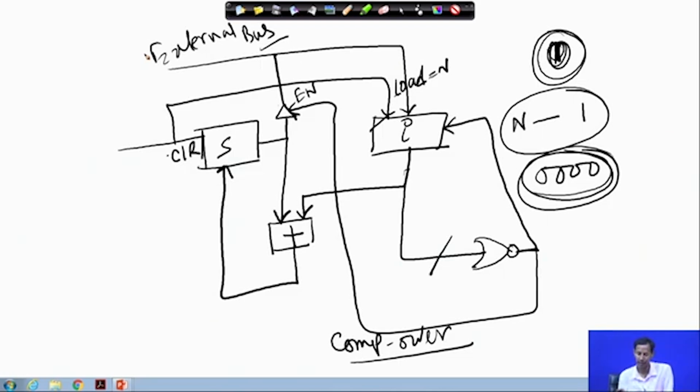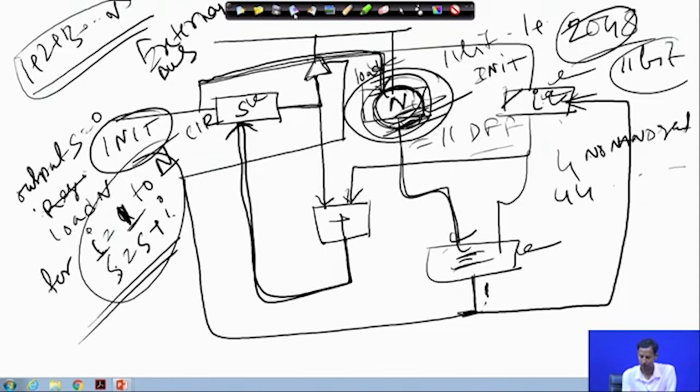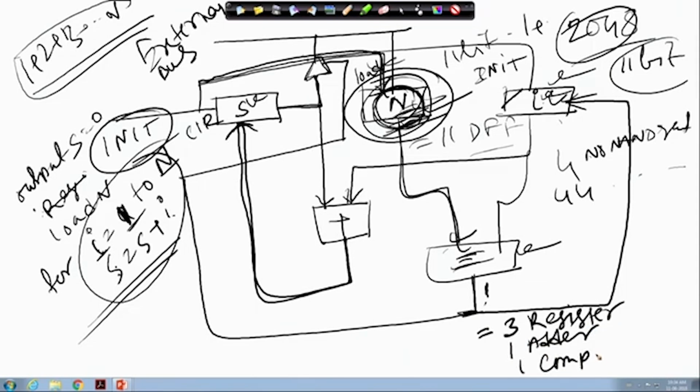So, if I look at the previous architecture, area-wise what I require is 3 registers, 1 adder, 1 comparator, and 1 buffer too.